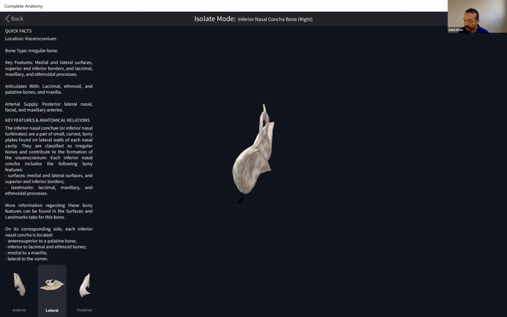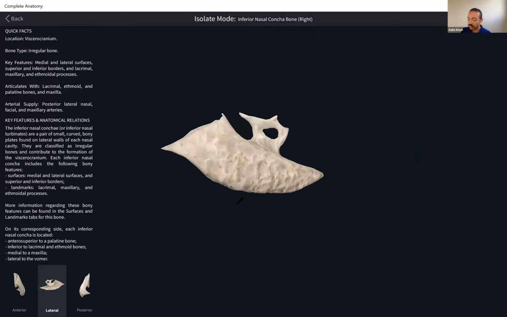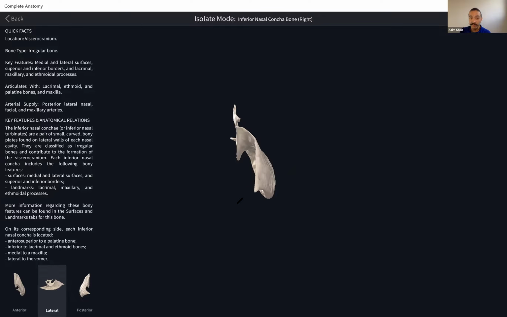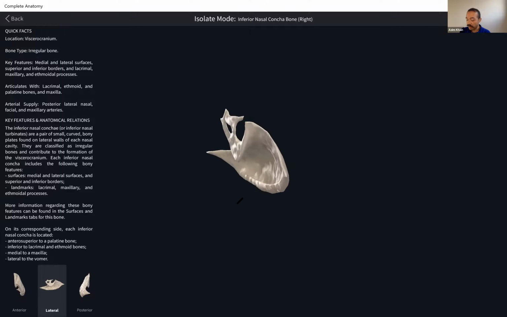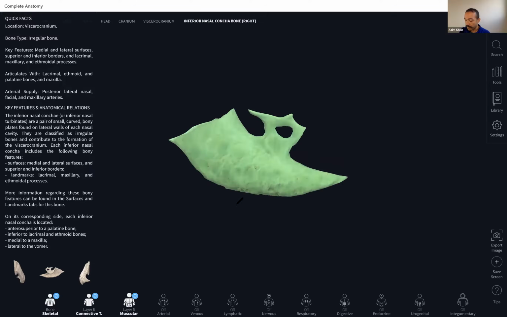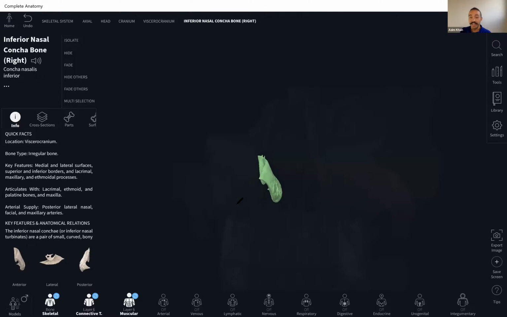Look at how curved it is. That's so that when you breathe air in through your nose, it gets swirled. You want to keep the air in your nose for a decent amount of time so that you're going over all that surface area to filter, humidify, and warm up air. These are very small bones as well. Inferior nasal conchae.